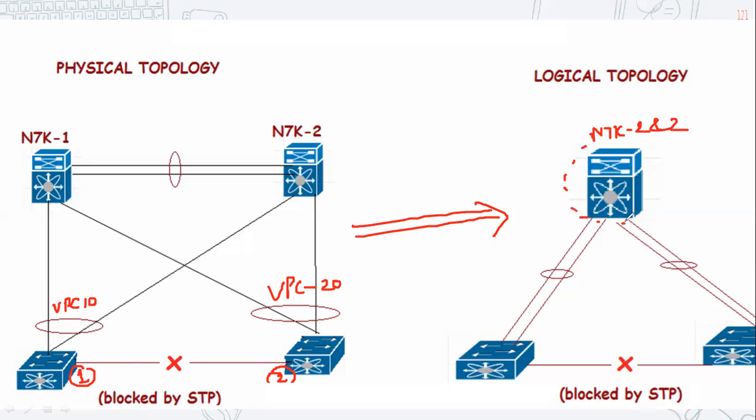They are behaving as a single switch, and they are connected to your switch 1, and this is your switch 2. Now they are forming a triangle, like we already studied in our basic data center technologies like spanning tree, right? So now this particular link is going to be blocked by the spanning tree. So if you're going beyond the VPC, then spanning tree is always there, but within a VPC domain, none of your ports will be blocked. Okay.